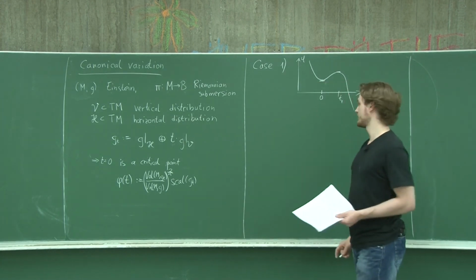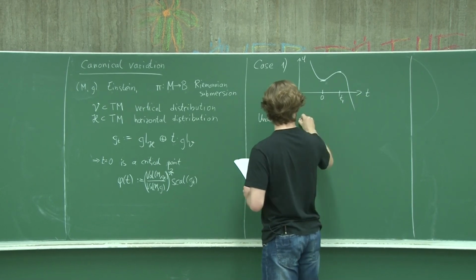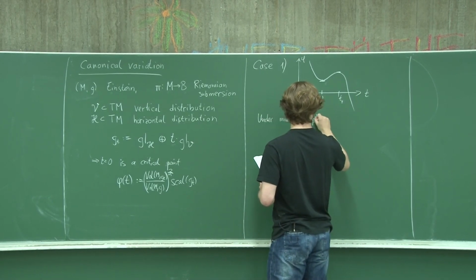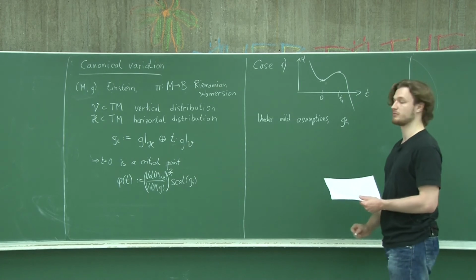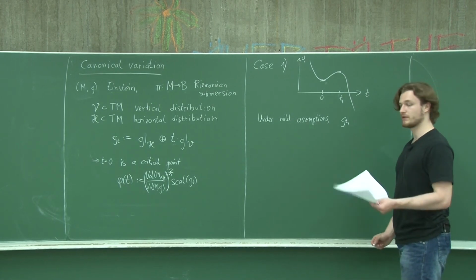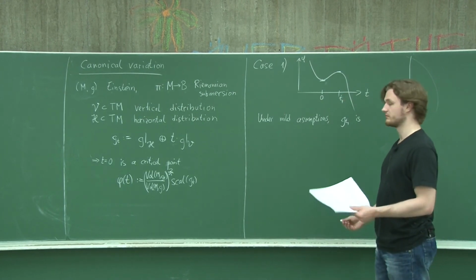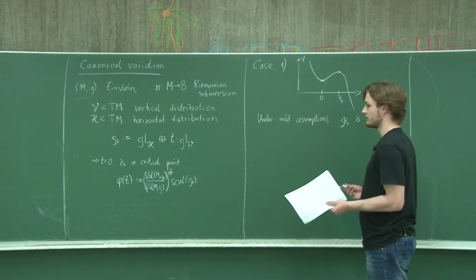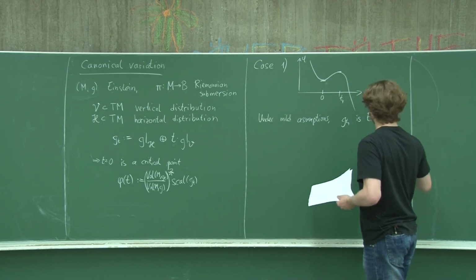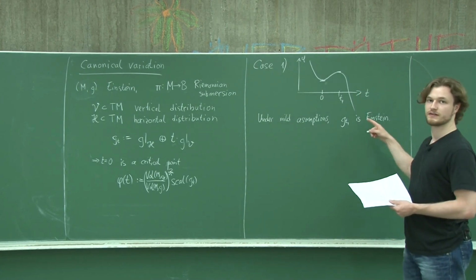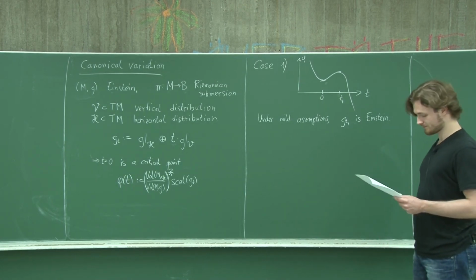And under some mild assumptions that I'm not going to discuss right now, G_T1 is in fact a critical point of the scalar curvature functional restricted to metrics of fixed volume. So that means equivalently G_T1 is Einstein. So what have we done? We have found a second Einstein metric on the manifold M that is distinct from G.